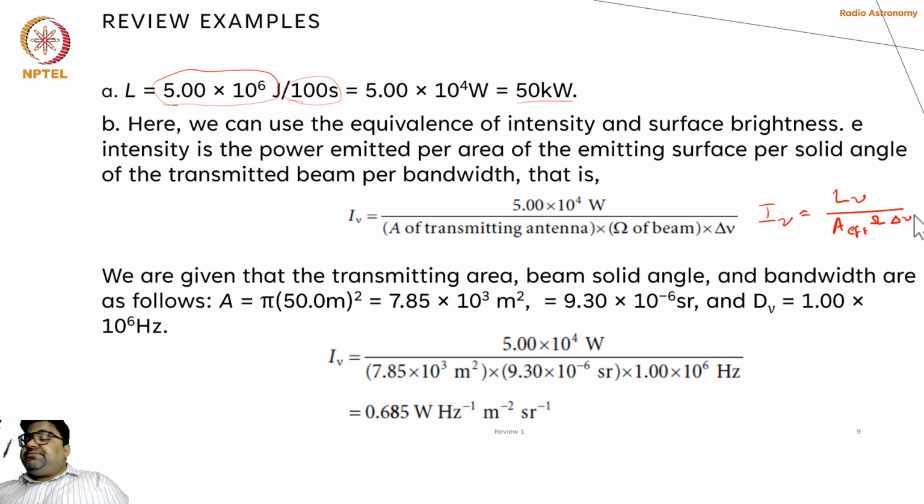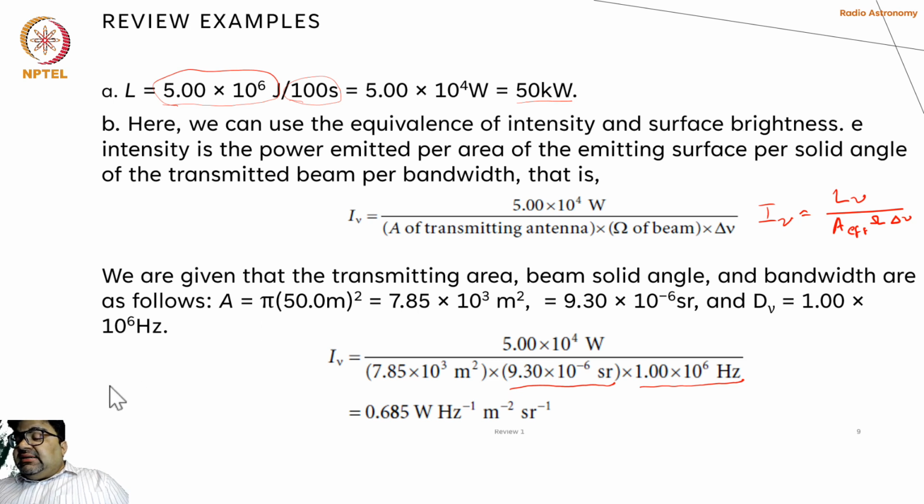That is our I nu. If I put all of them together, area we already know, omega is 9.3 times 10 to the minus 6, delta nu is 1 megahertz, 10 to the power 6 hertz.